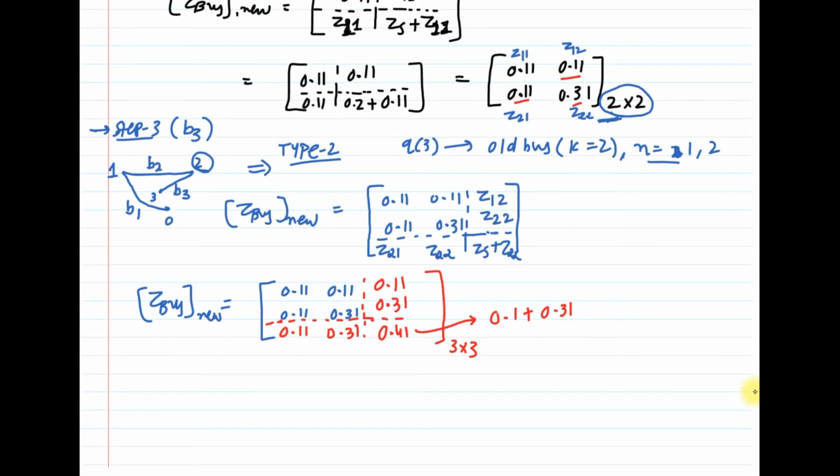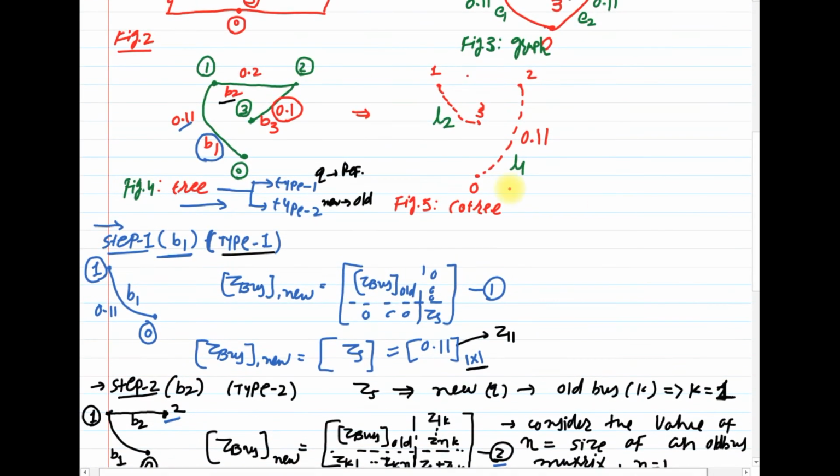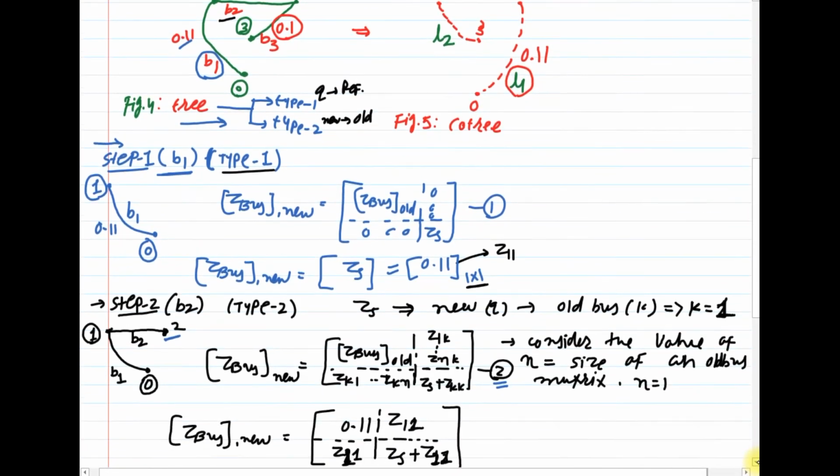Now after completion of all the tree branches, we will move towards the co-tree links. So first we will calculate for link L1, which is added between bus number 2 and the reference bus.